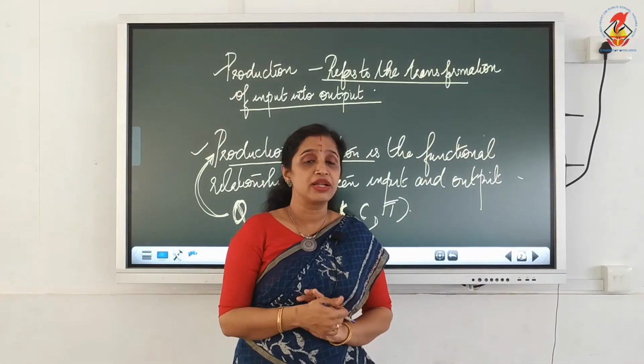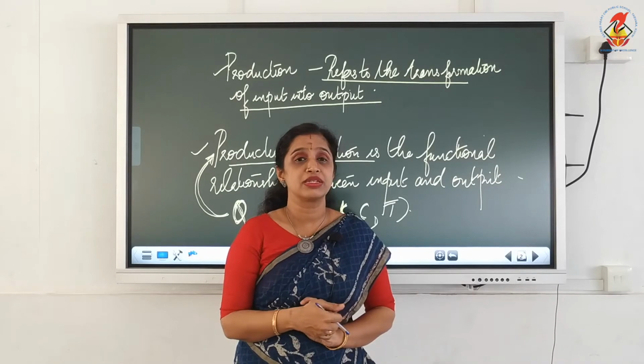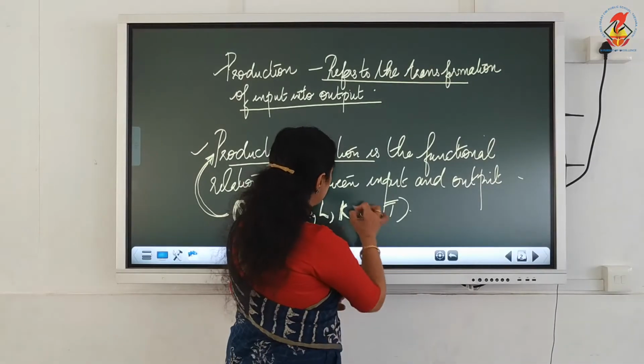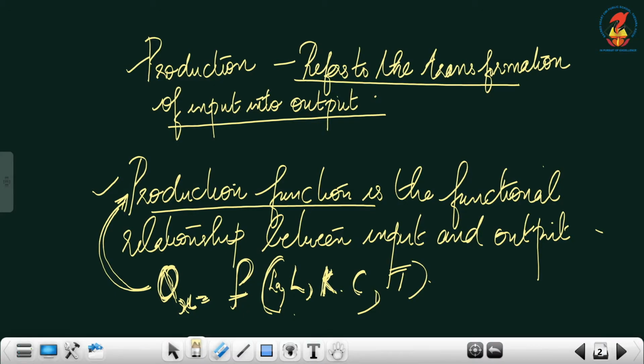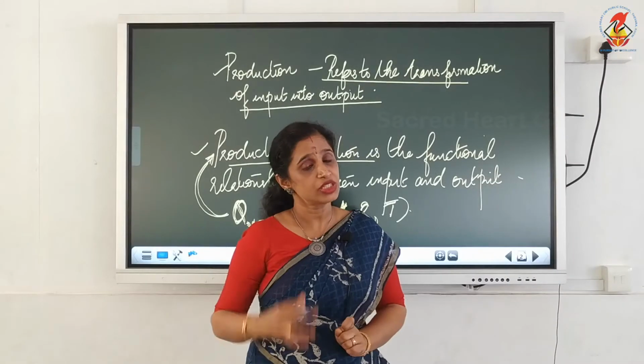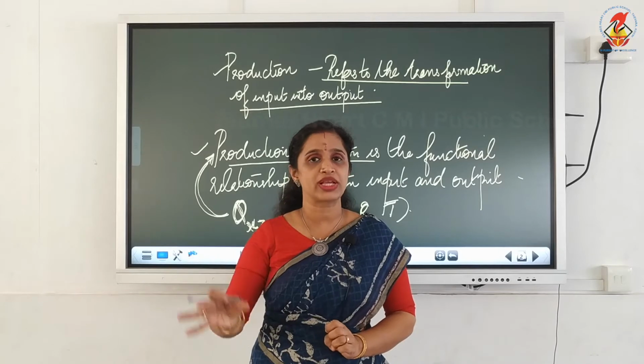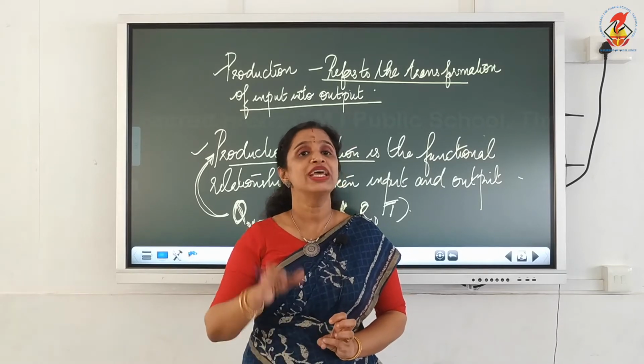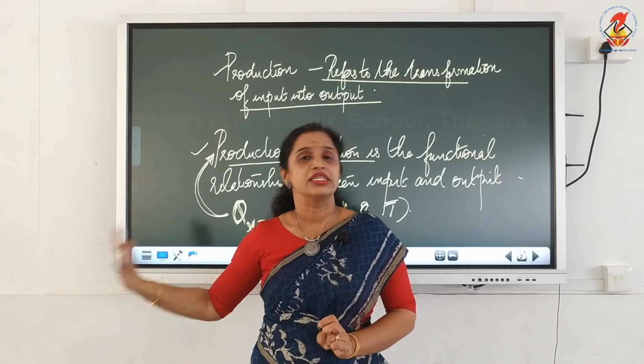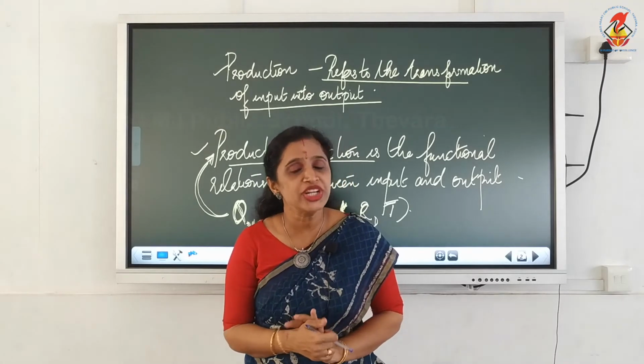LA can be considered as land, L can be considered as labor, K can be considered as capital, R can be considered as raw materials, T can be considered as technology. So with the combination of all these, we get the output. So Qx is a function of LA, L, K, R, T, that is known as the production function.